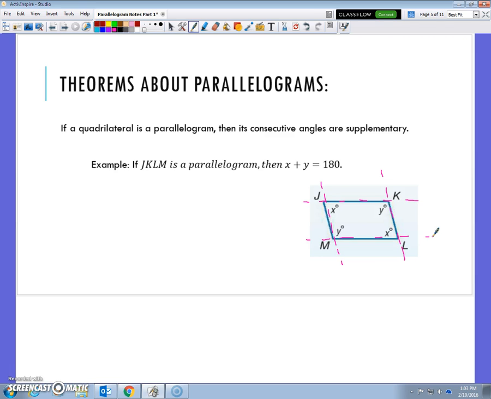If I made these auxiliary lines again, these are parallel because we are talking about a parallelogram. I know that these are consecutive interior angles, y and x. So I would know that x plus y would equal 180. We've talked about it before, but now we have a specific theorem about a specific shape called a parallelogram. We know that its consecutive angles are supplementary.